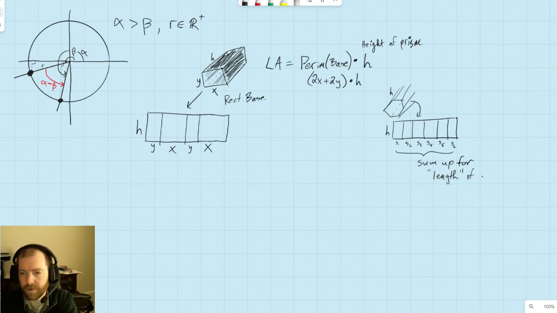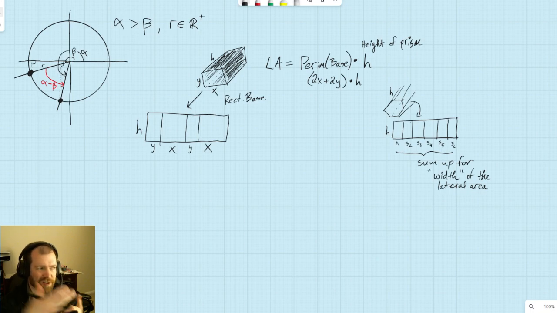If you sum up all the sides, you get the width of the lateral area, and then the length of the lateral area is your height.